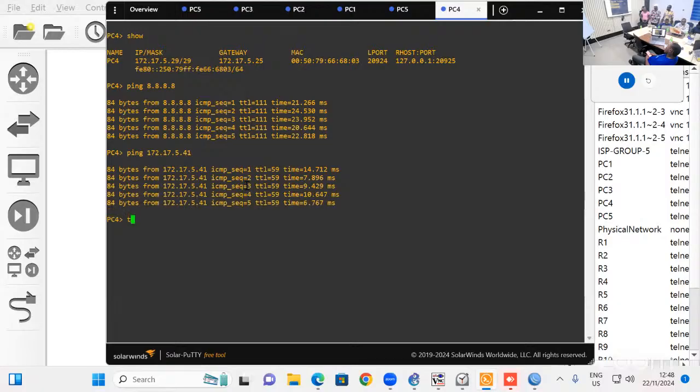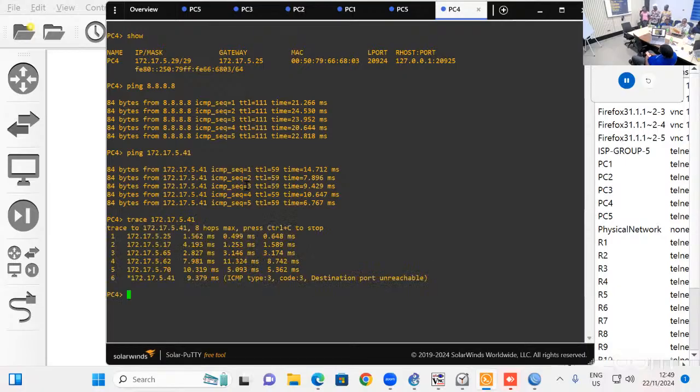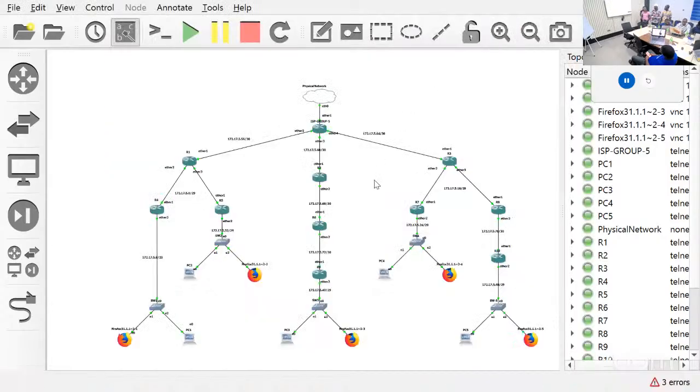Let's see the path also, the routers that it's going through. So trace 172.17.5.41. All right, 6 hops: 5.25, 5.17, 5.65, 5.70, 5.41. Okay.